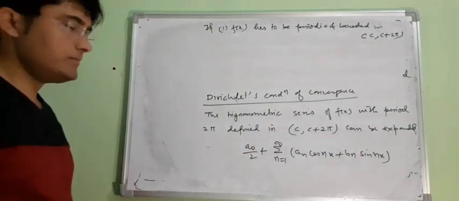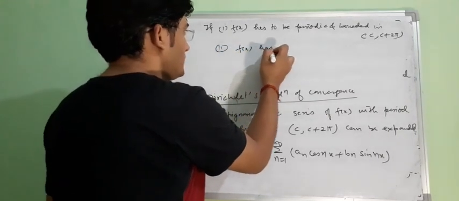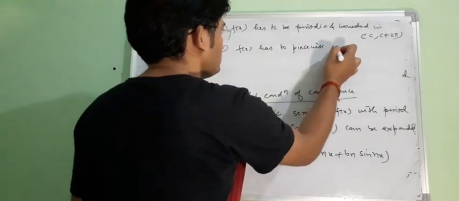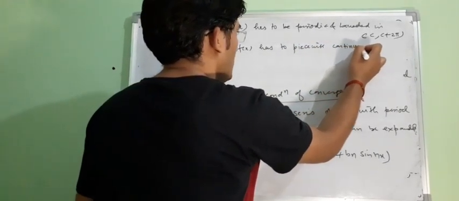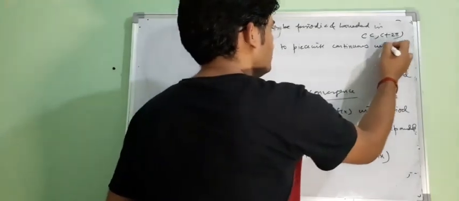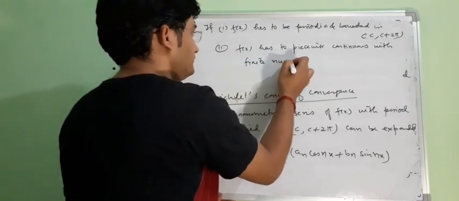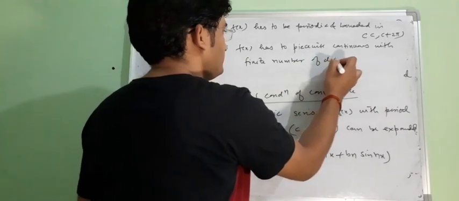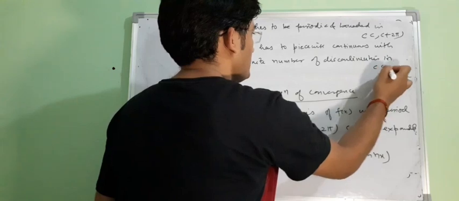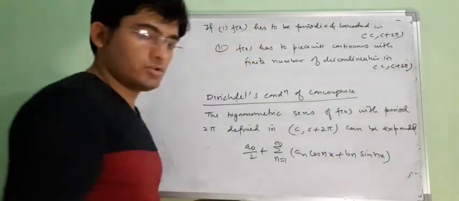This is the first condition. Then in the second condition, f(x) has to be continuous, or piecewise continuous, with only a finite number of discontinuities in interval c, c plus 2 pi. This is the second condition.